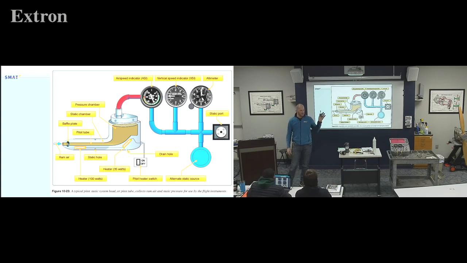I hesitate to use the word into it, because what we're going to learn today is it's a sealed system. There is not air that's traveling through and exiting. It's air pressure pushing against it. So if I hold this out the window in the car when I'm driving very fast, it's pushing against air pressure. So it's actually sensing a pressure and sending that pressure down this tube to the rest of the aircraft.